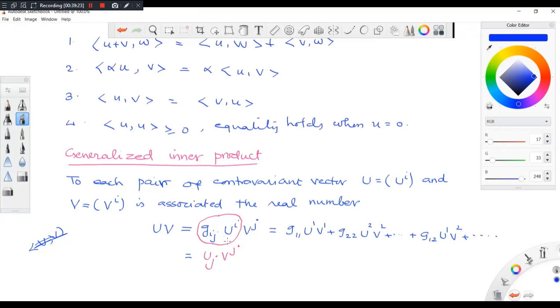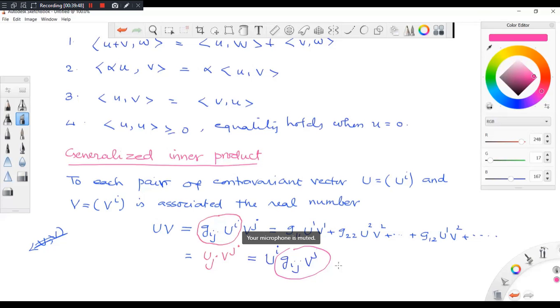So this is uj vj, which is also equal to, I can write this in this form: ui first, then gij vj. So this will be ui up. This is contraction over j.